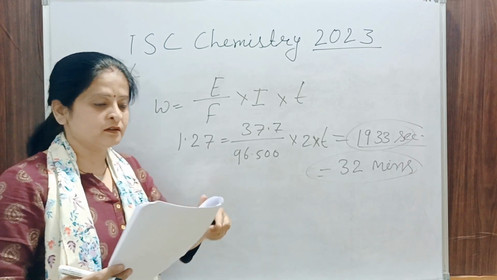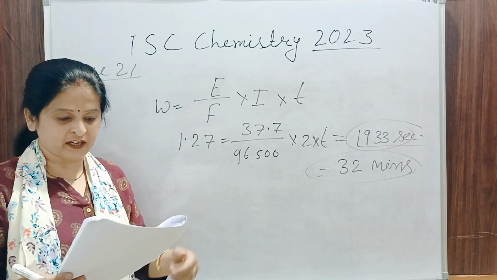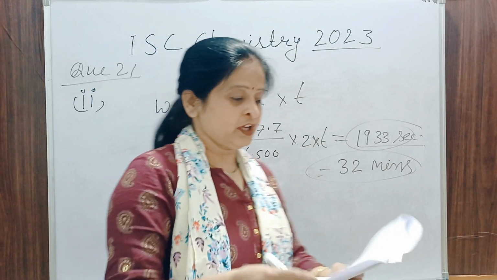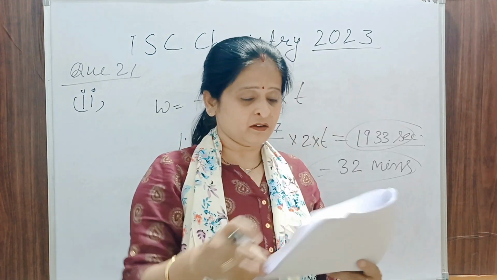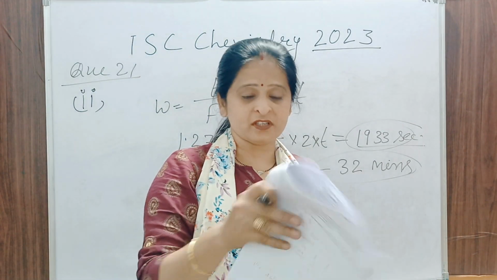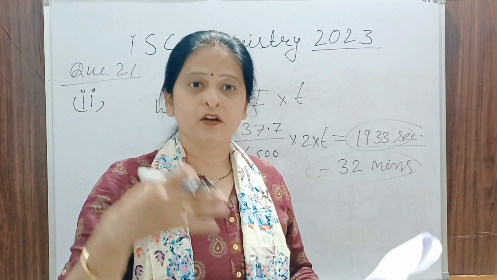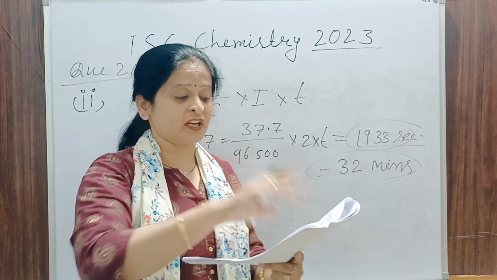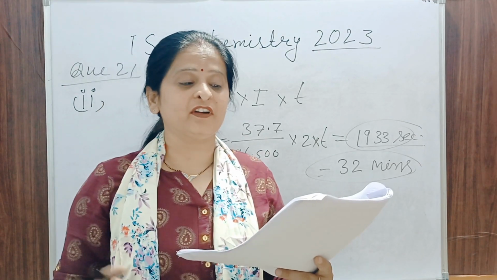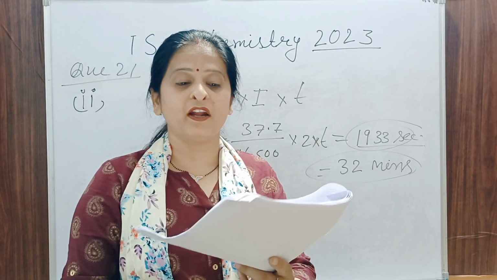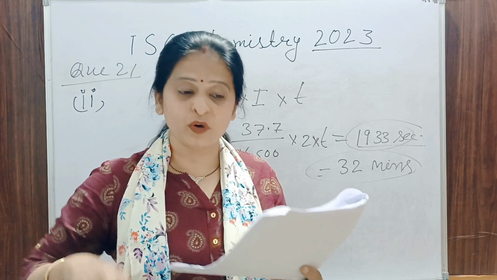Then in question number 21 there are optional 2 questions, you have to solve any one, but I am solving both questions here. The second one is: the resistance of a conductivity cell with 0.1 M KCl solution is 200 ohm.